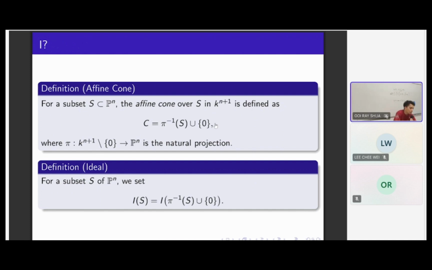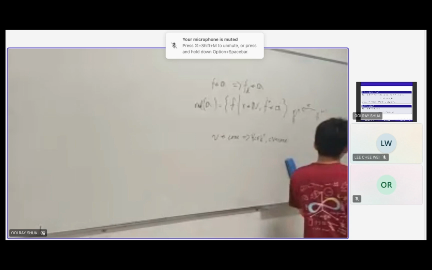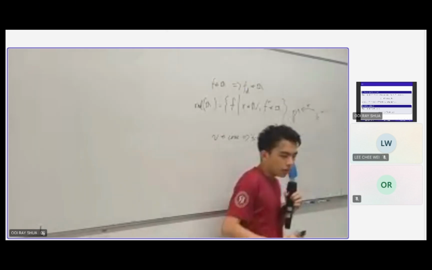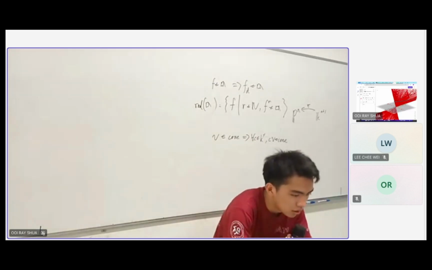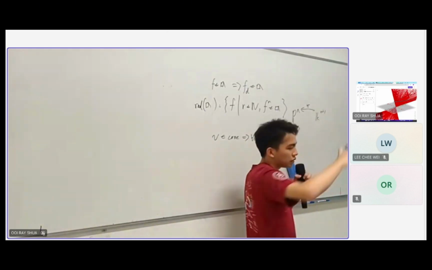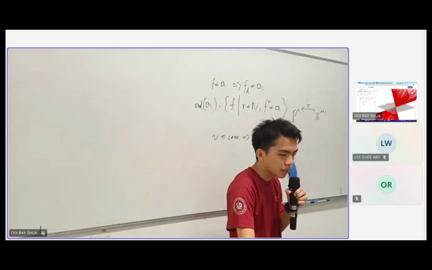So pi, for example, maps from K^(n+1) over here to P^n over here. Pi sends it in this direction, maps it that way. So doing the inverse process, the pre-image, sending it this way, is equivalent to contracting all these lines onto the plane.